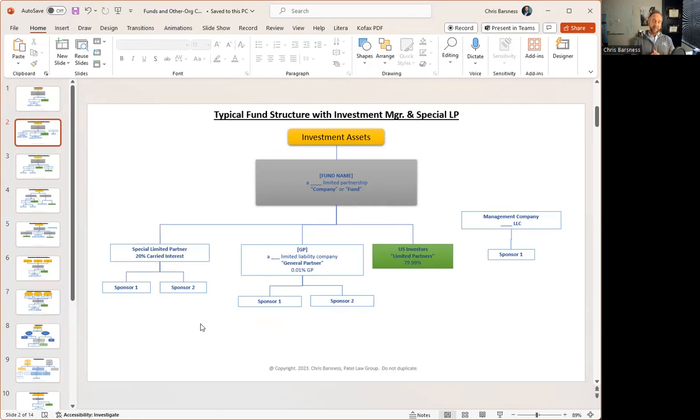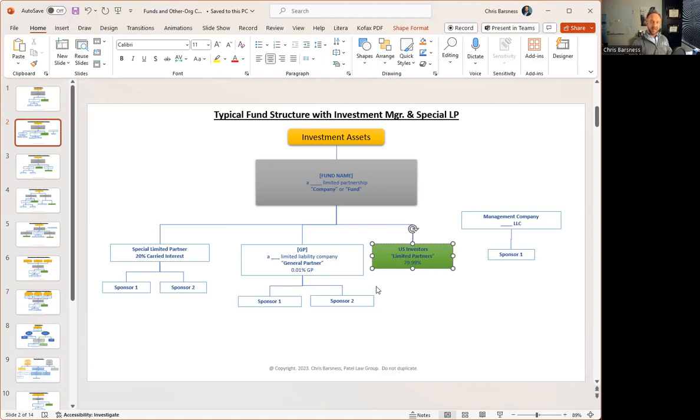Also, a lot of times we'll set them up to where if something happens, so you have the general partner right here, and let's say my client is sponsor one and sponsor two, and they're running this general partner entity. If they do something wrong, or for whatever reason the fund or the investors vote and decide, hey, you committed a felony, usually it's because you did something wrong, they have the right to remove those individuals as the general partner.